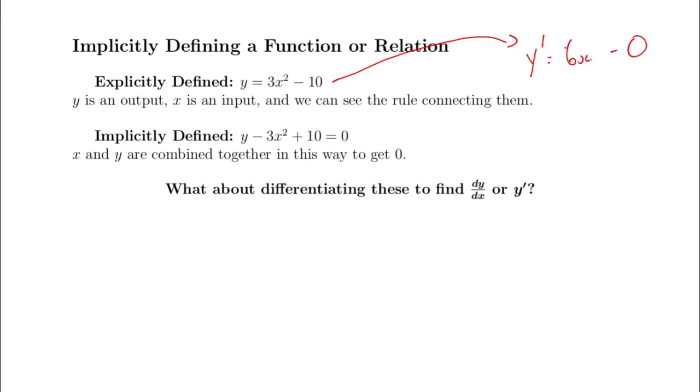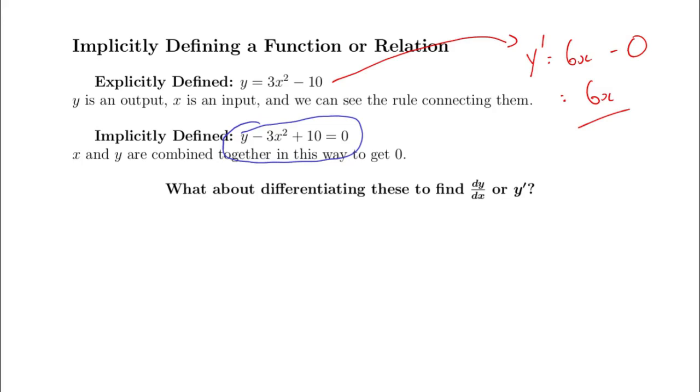If you wanted, we could go ahead and write out all the different rules that we're using here, but we'll just say 6x. Easy enough. What we want to know then is how do we differentiate this thing implicitly to try and get the same derivative, but we'll differentiate this version of it instead. It's the same relationship between x and y, so it should give us the same derivative.